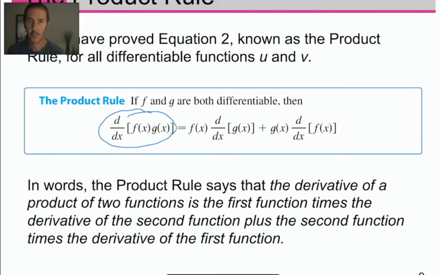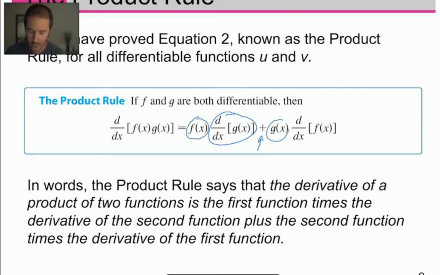They can have square roots or fractions, or they could be exponential functions, one of them or both of them. But if we're taking the derivative of that product, the result is the same as if we left the first of those functions alone, but multiplied it by the derivative of the second function, and then we add and then switch. Keep the second function the same, but multiply it by the derivative of the first function.